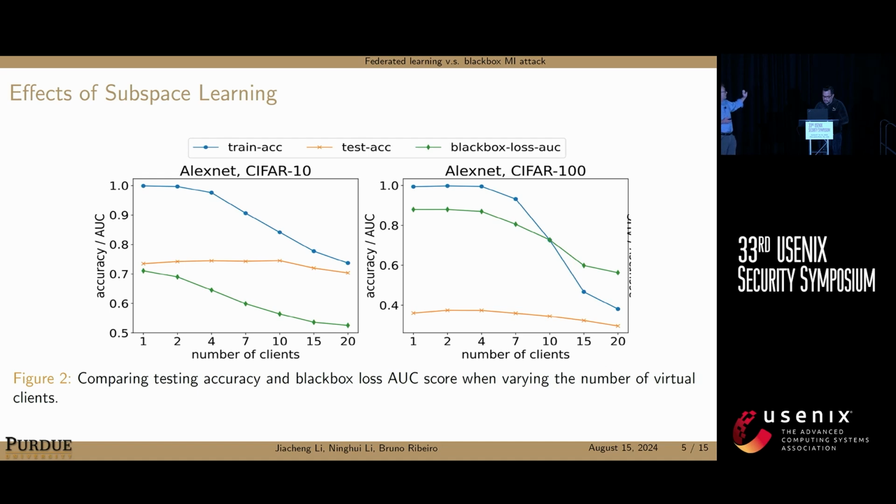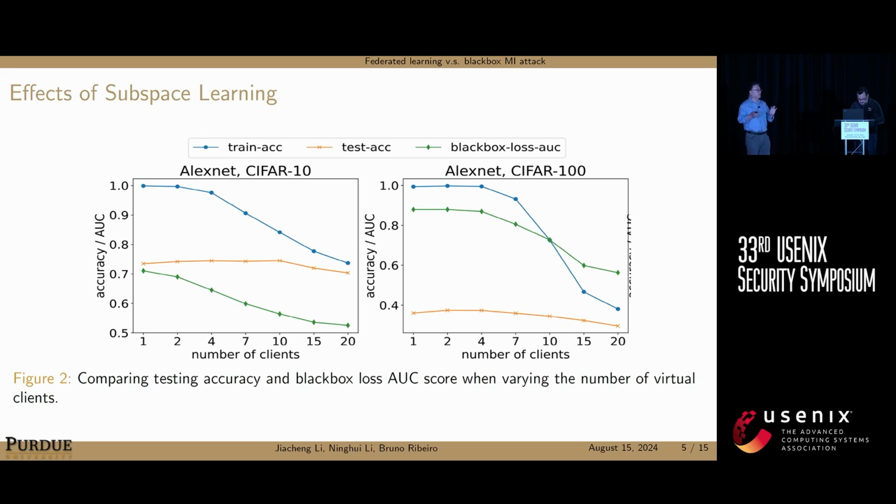This slide summarizes the effect we observed. Here, the blue line is the training accuracy. The reddish line is the test accuracy. We want the gap between the two lines to close. If it closes, it means that it's less overfitting, and therefore less vulnerable to membership inference attack. The x-axis is the number of virtual clients.